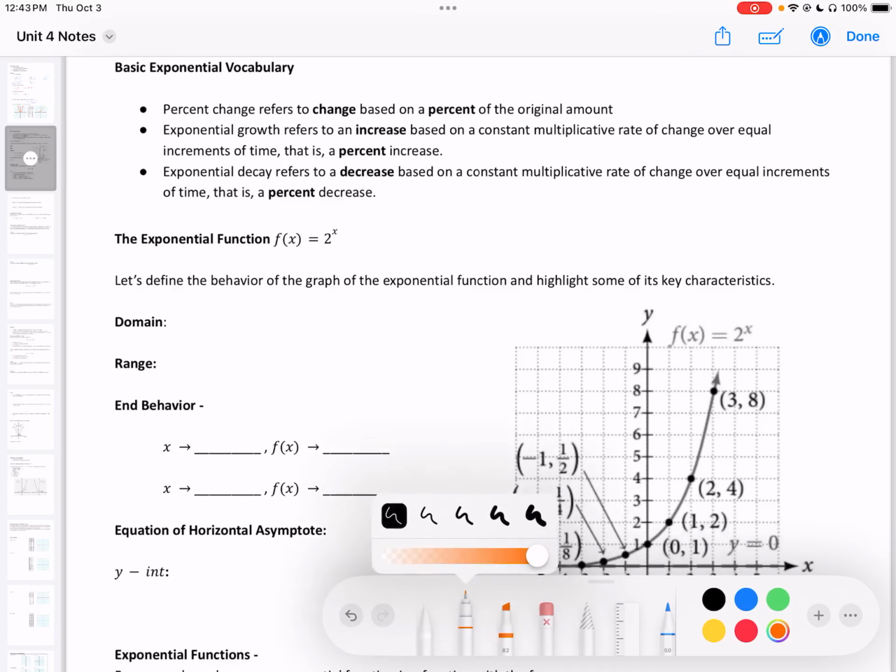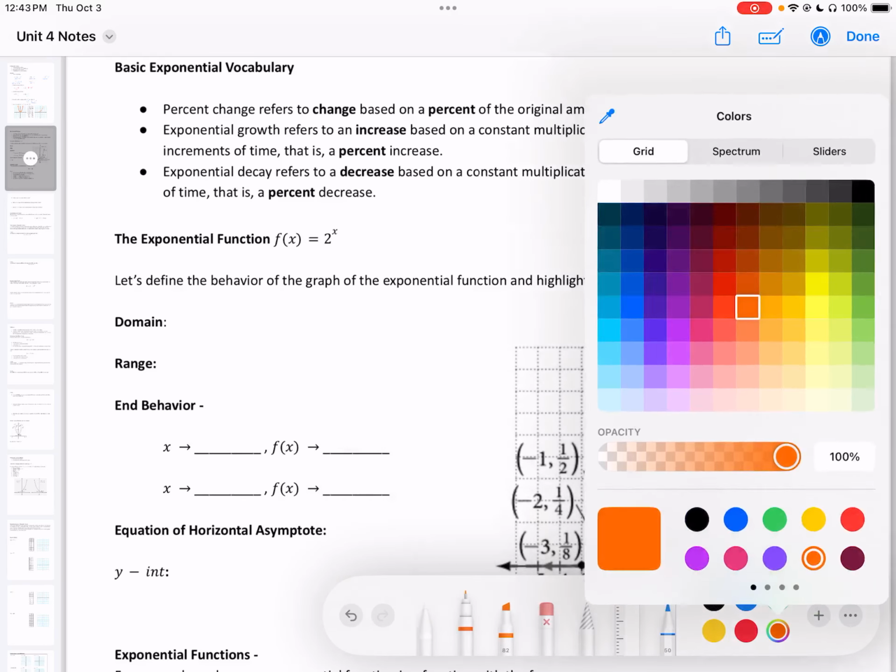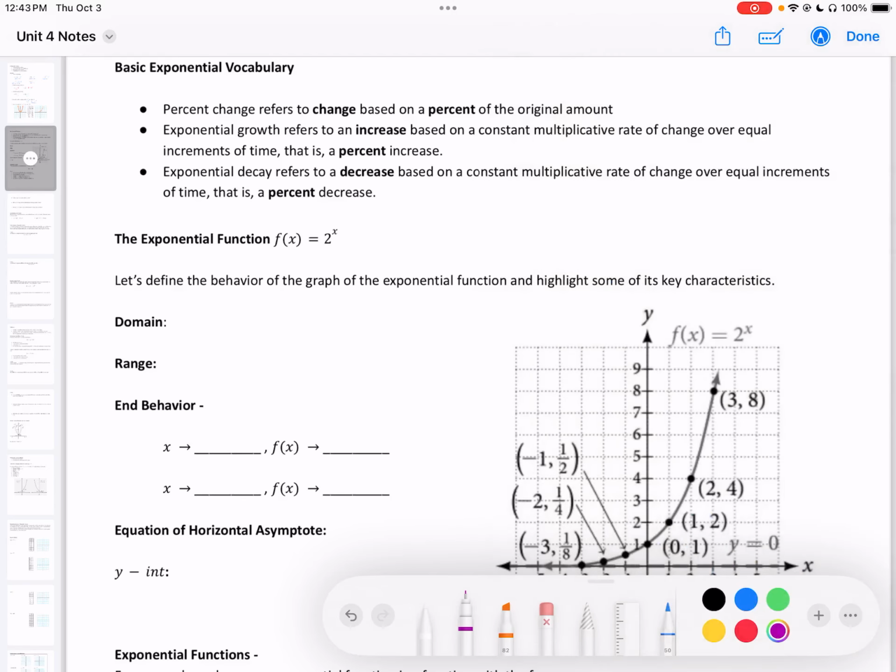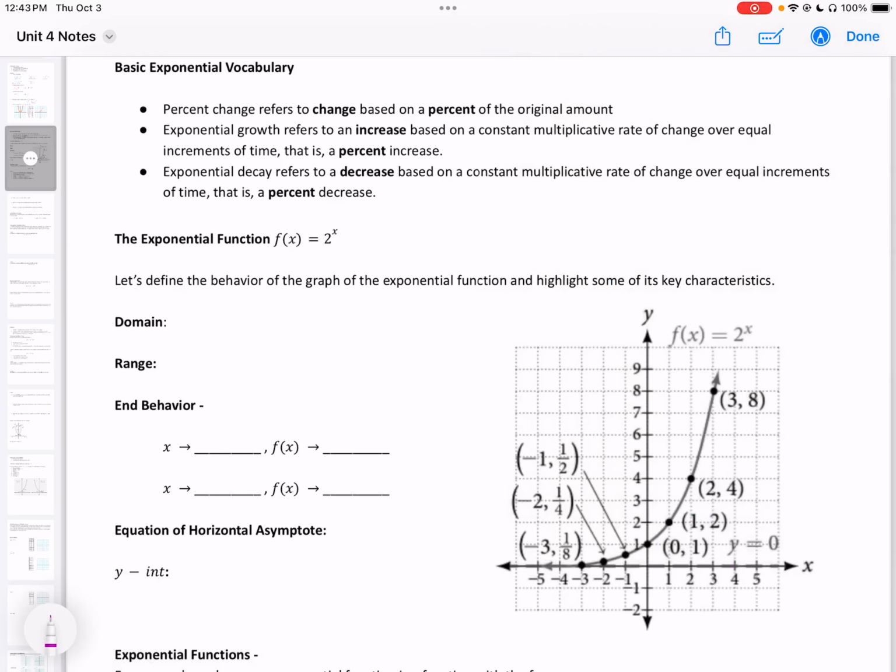If you take a look at this graph on the right, it will tell you that the arrow is going to the right forever, to the left forever, but never touching 0. So that's going to be important for our range. For domain, we're going negative to positive infinity, whereas for our range, we approach 0, but never touch it and go to positive infinity. Okay.